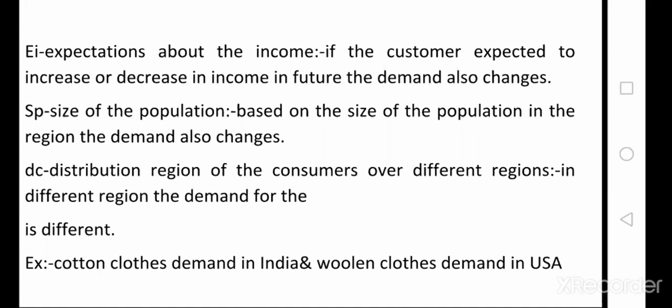So this type of expectation also changes the demand for a product.